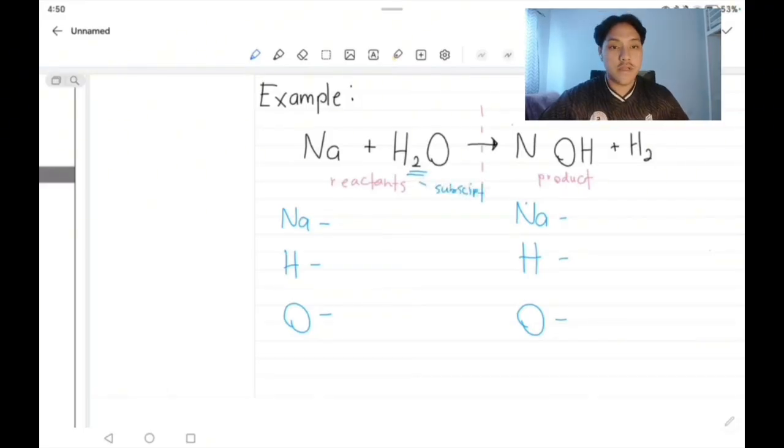The coefficient means the number before the element, and we write it as a big number like this. Take a look at sodium here, I put 2 as the coefficient. So that is the difference between the subscript and the coefficient. We cannot change the subscript value, only the coefficient value, to balance our chemical equation.